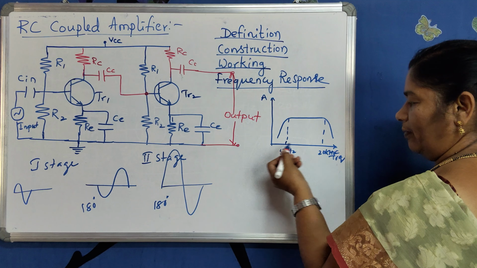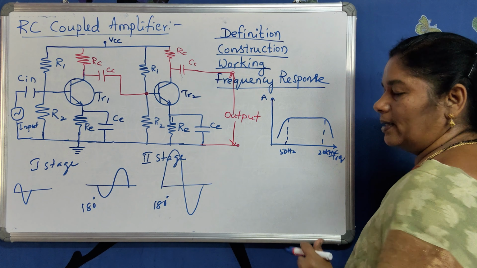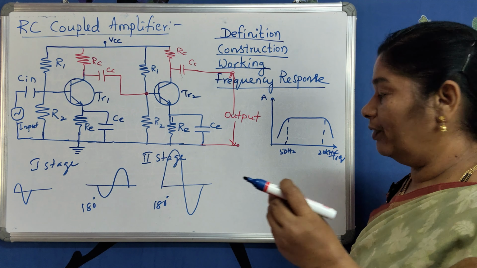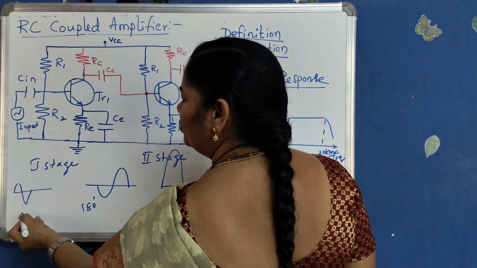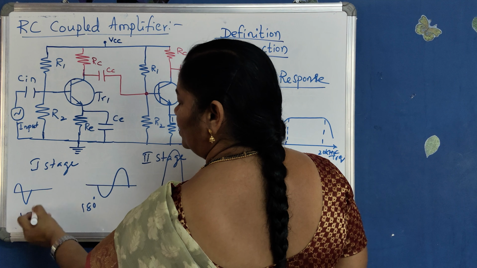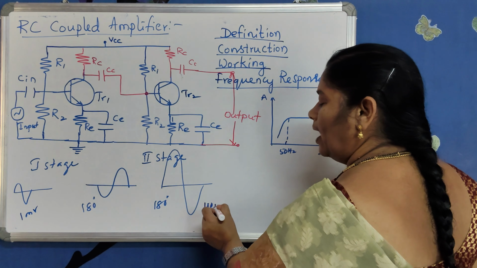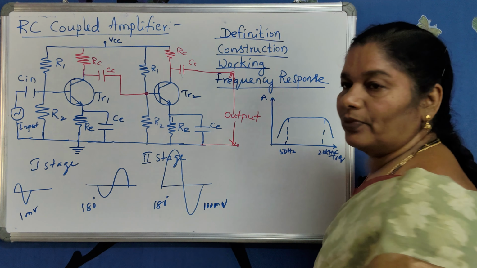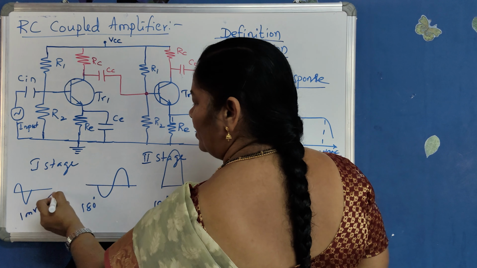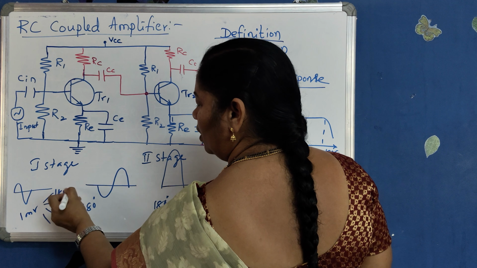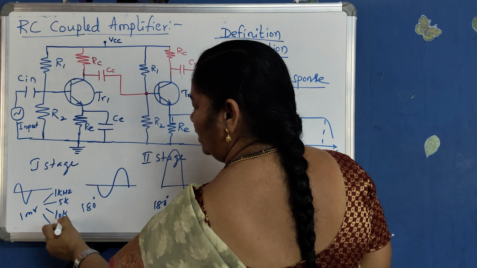In this range from 50 hertz to 20 kilohertz, it will amplify all the signals in a very uniform manner. That means, let the input be 1 millivolt and the output of the second transistor be, for example, 100 millivolts, and you have signals with different frequencies, let it be 1 kilohertz, 5 kilohertz, 10 kilohertz, 15 kilohertz.